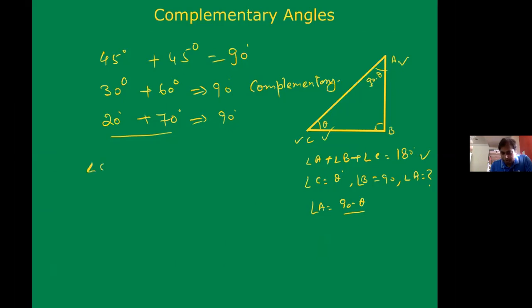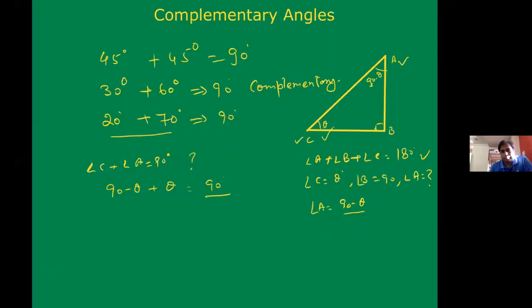Angle C plus angle A is 90 degrees. Is this right or not? Angle A is 90 minus theta, plus angle C is theta, so this is 90 degrees. That means angle A and angle C are complementary angles.